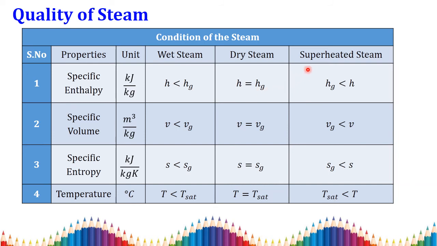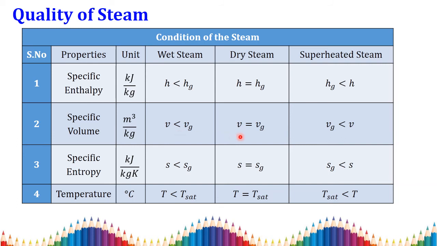Then, if it is superheated steam, the specific enthalpy of the saturated vapor is lesser than your given enthalpy. This is applicable for specific volume also. If the given specific volume is lesser than the saturated specific volume of the vapor, then it is called wet steam.